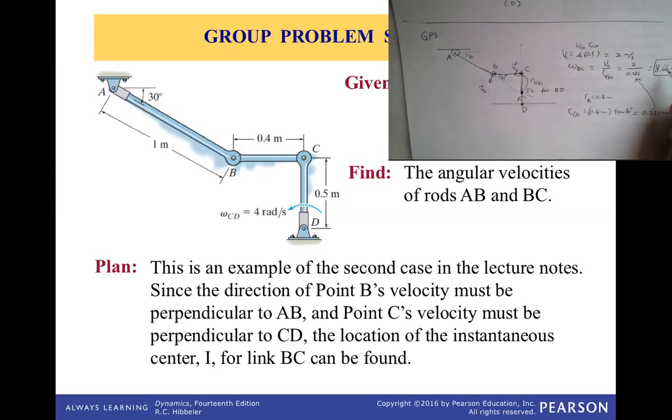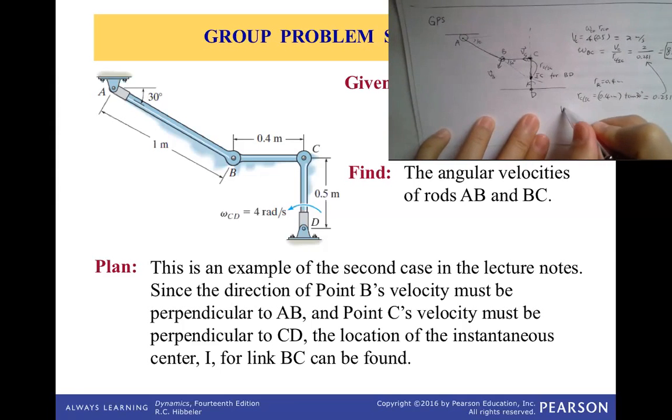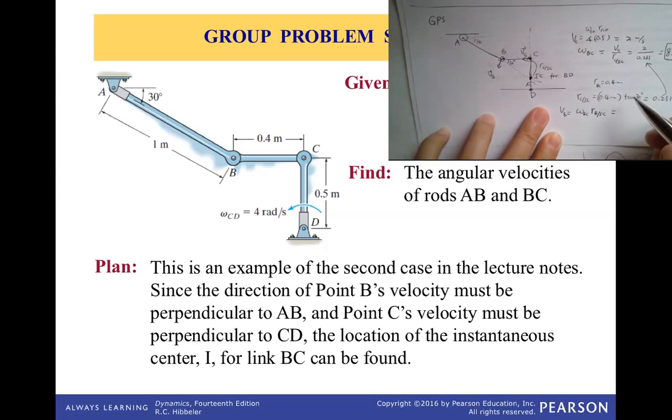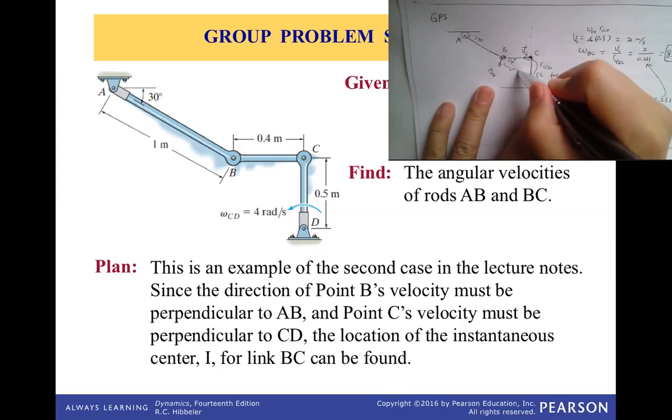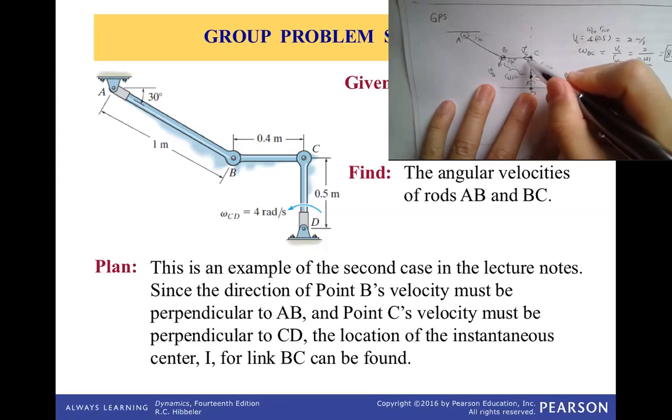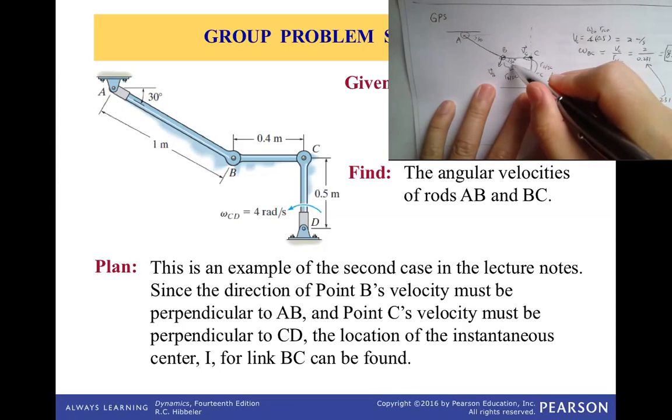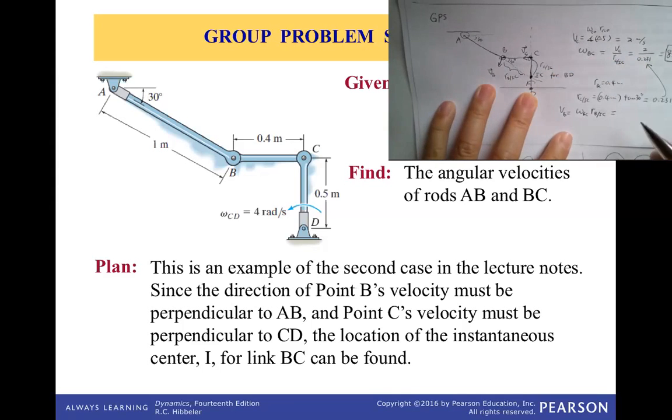Now we can find the velocity of B by using that, okay? So velocity of point B should be equal to omega BC times R of B with respect to the IC, okay? So in this case, this is the RB to the IC, okay? So again, we are given this guy, we are given this angle, we can figure out this R, okay? So R of B to IC should be equal to 0.4.